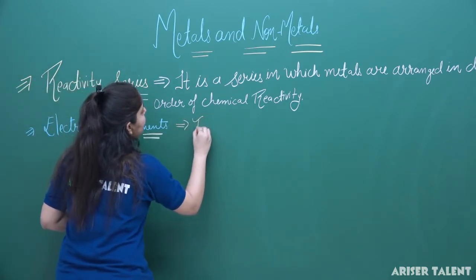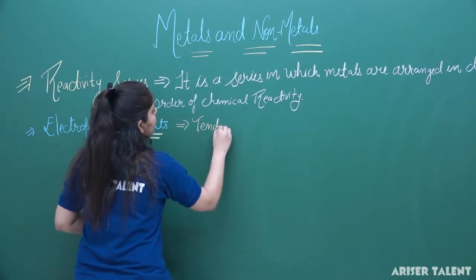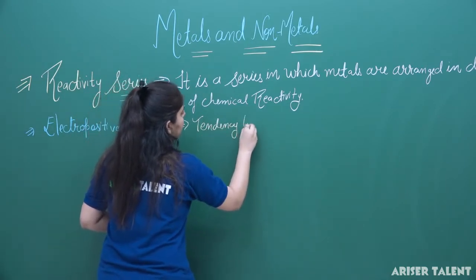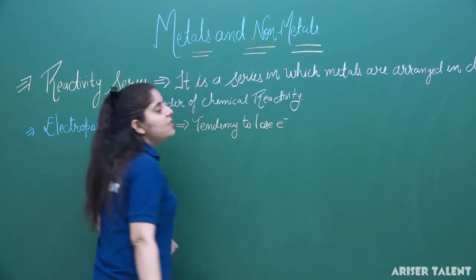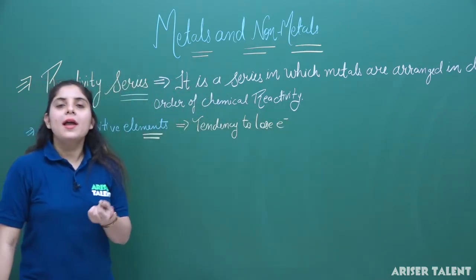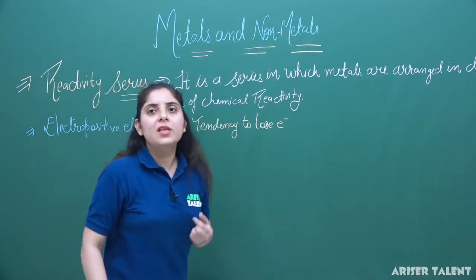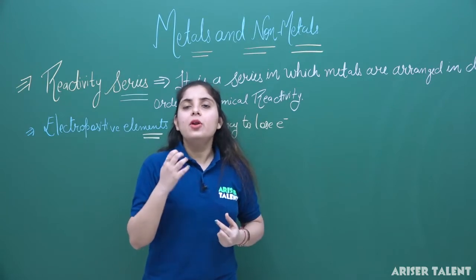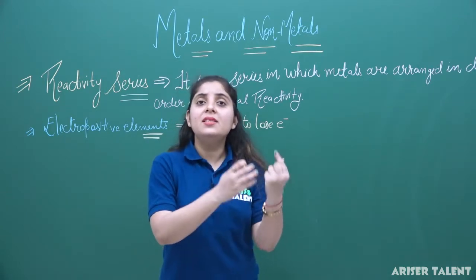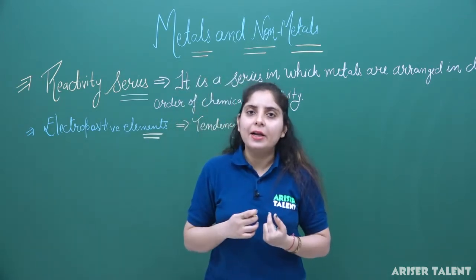Elements or metals which lose electrons are termed electropositive elements, and an atom which has the tendency to gain electrons is known as an electronegative element.